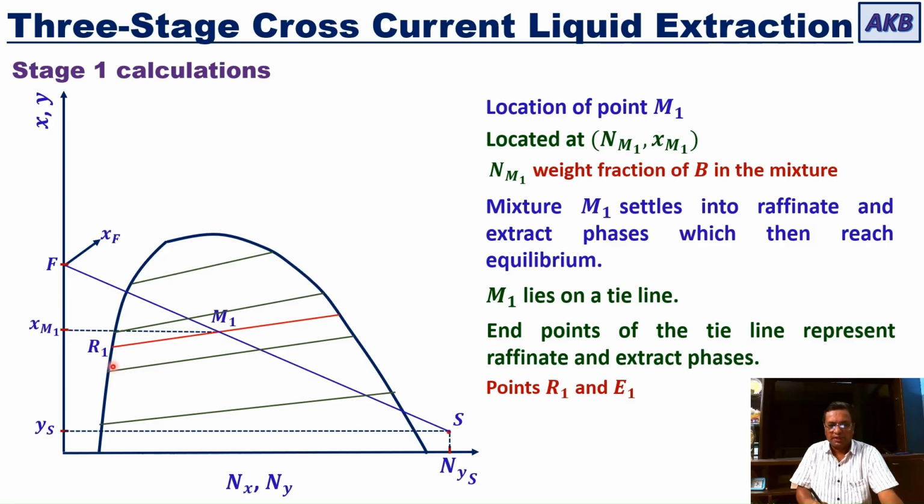Point R1 represents the raffinate phase obtained out of stage number 1, and E1 represents the extract phase obtained out of stage number 1. Please remember, on this diagram R1 and E1 are points representing the raffinate and extract phases respectively, and when you use them in material balance equations, they represent the quantities of raffinate and extract.